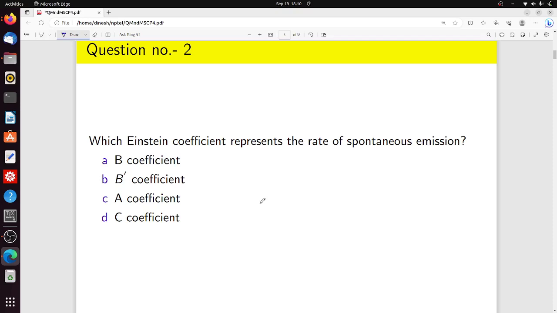Option B. Option A. B coefficient? No. Not stimulated, it's spontaneous.